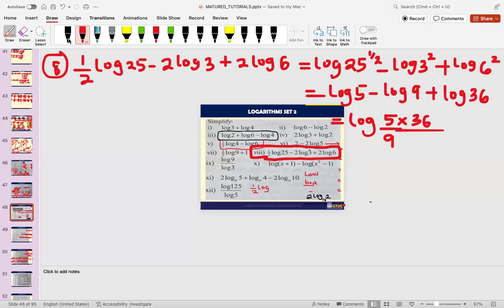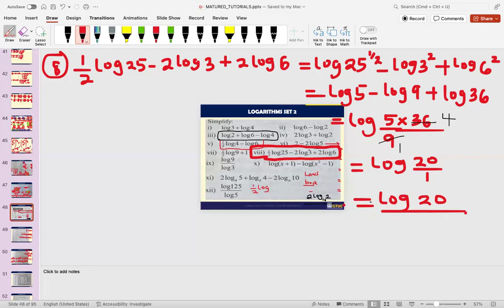And then we do our cancellation. 9 will cancel itself 1. 9 will go into 36, 4. We can finally say that our answer is log 5 times 4 is 20 divided by 1, which is the same as log 20. And this becomes our final answer.